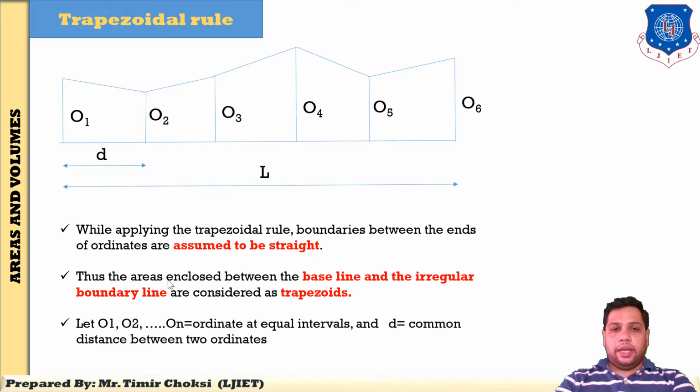Now the area enclosed between the baseline and the irregular boundary line is considered as a trapezoid. Now you find the area of a particular trapezoid. O1, O2, On are the ordinates at equal intervals. D equals the common distance between two ordinates and L equals the length of the baseline.